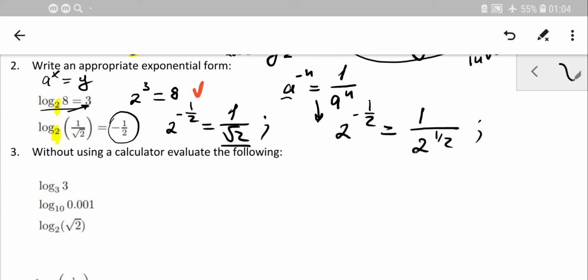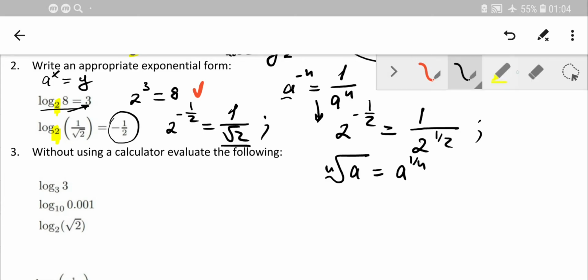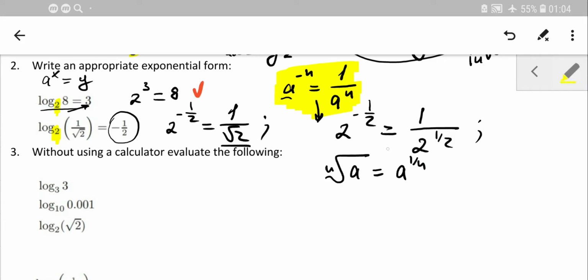Right now, we are going to apply another property, which is how to come from the nth root into the power notation. Just remember that if you take the nth root of a, you simply get a to the power 1 over n. Many students mix up those two properties, and that's why they can't get it.